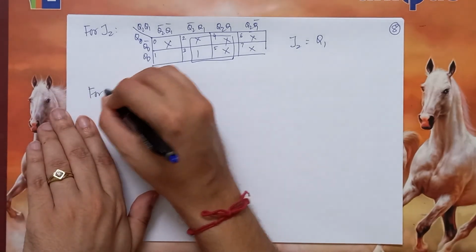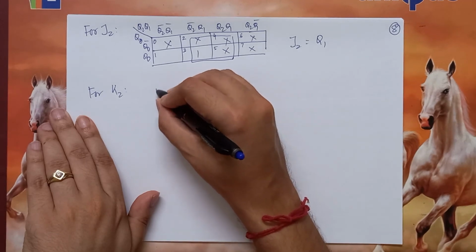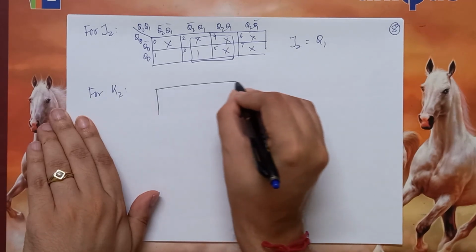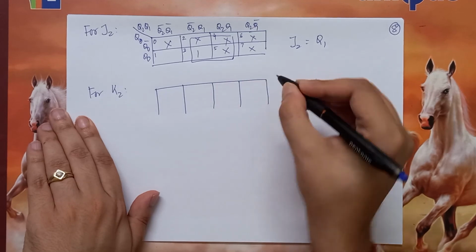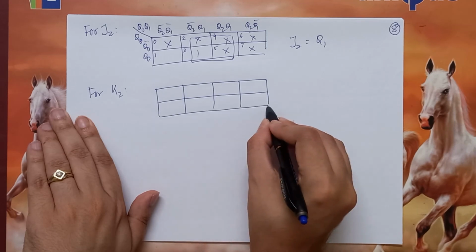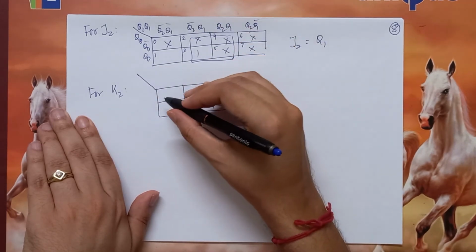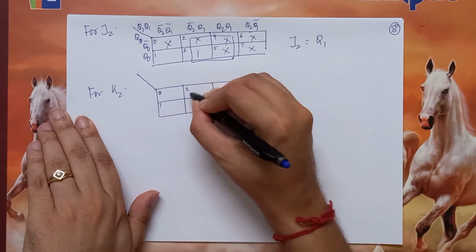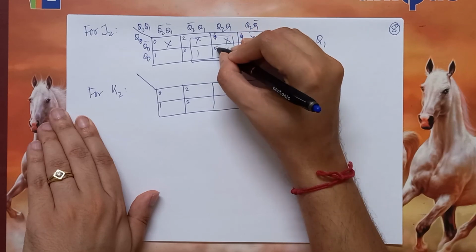For K2, the K-map would look like this. This should be 4, 5, 6, and 7.